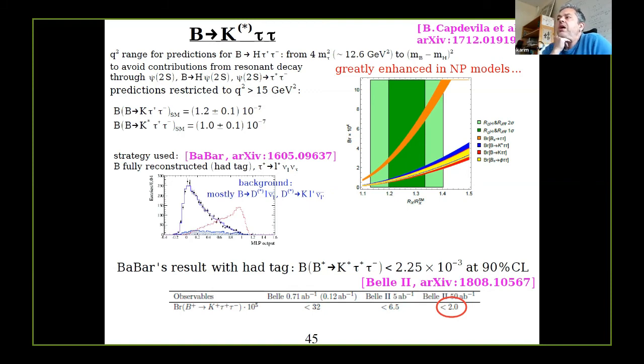And the only measurement available comes from an analysis from Babar at the level of 10 to the minus 3. So we have seen that a possible enhancement on the order of 10 to the minus 4 is possible.